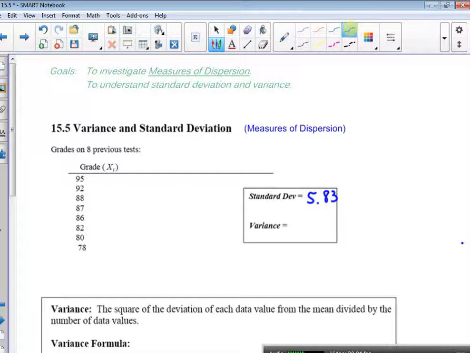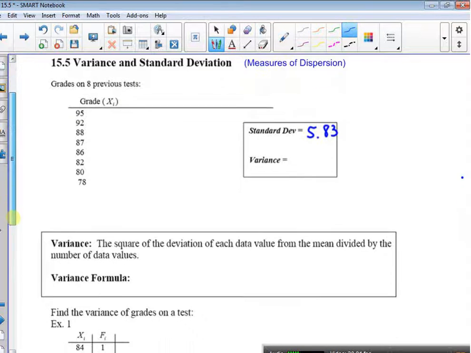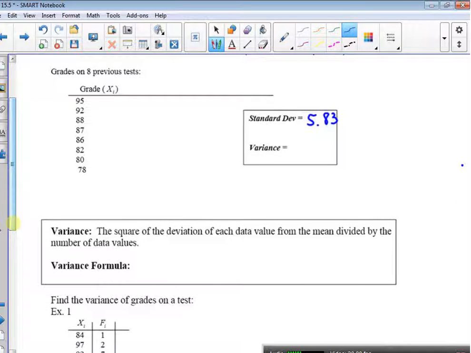Okay, so what is the variance? The variance is the square of the deviation of each data value from the mean divided by the number of data values. So the formula for variance is 1 over n times the sum from 1 to n of the data value, x sub i, minus the mean, squared.